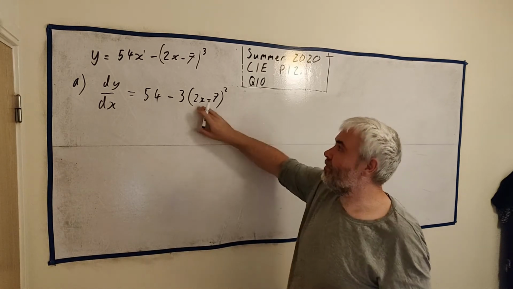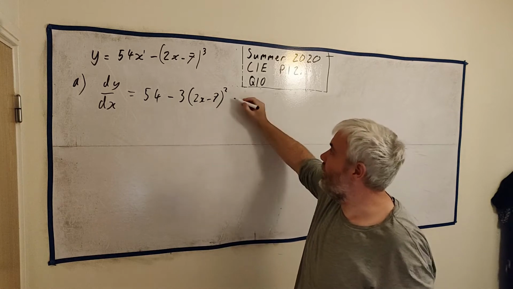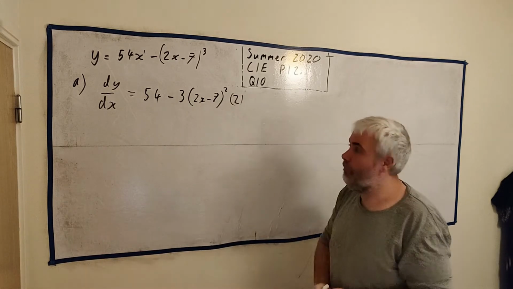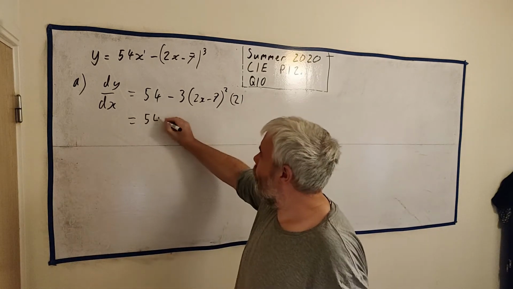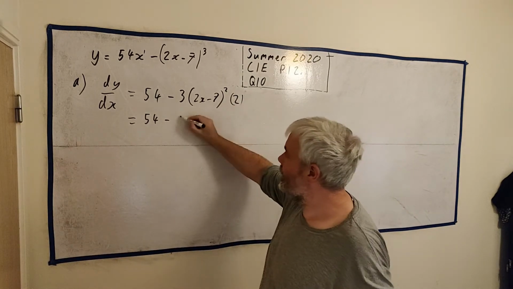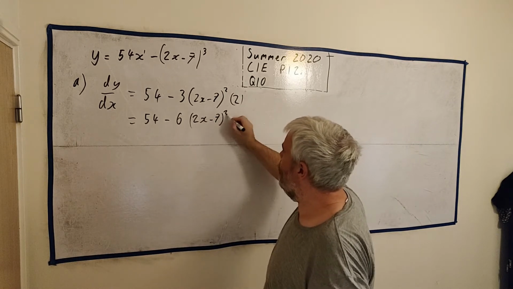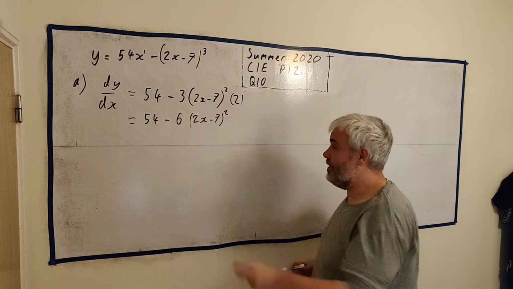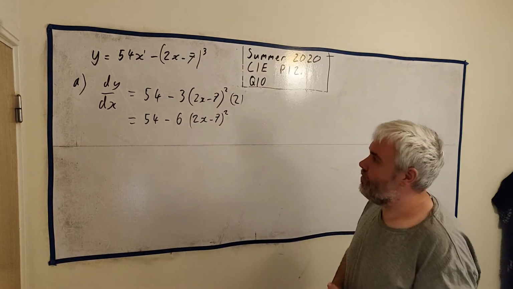We still have to differentiate what's inside it. The derivative of that is just 2, and we multiply by it. We can clean this up a little bit. We get 54 minus 2 times 3, which is 6, times (2x minus 7) squared. Do not square this out. It's going to be much more useful having something factorized in this sort of way.